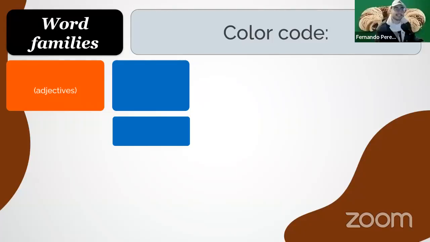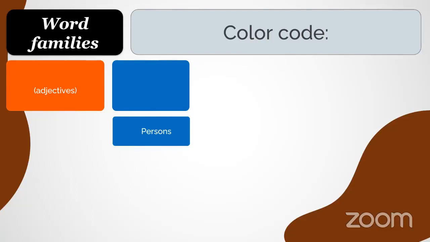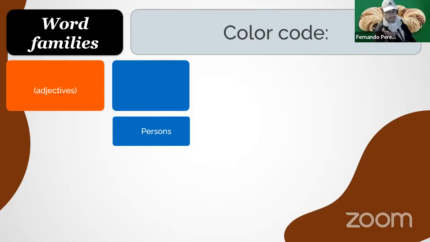Persons. Let's collocate over here. Persons. There was another group of words that we use with color blue. Pronouns. Well, pronouns are persons. It's the same.